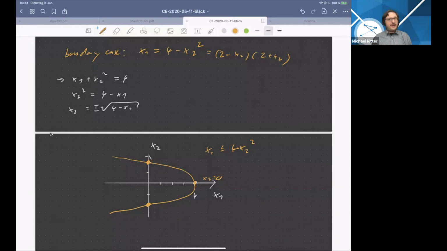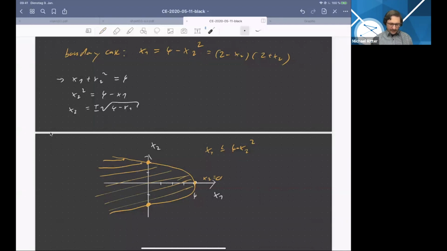So every x1 value below that upper bound is allowed. And that means we can move, for example, from this point here, we can move to the left. From this point here, we can move to the left, and so on. So all these points inside are part of the set.